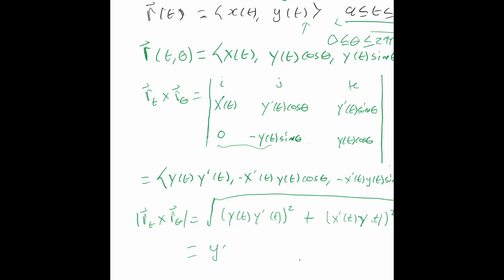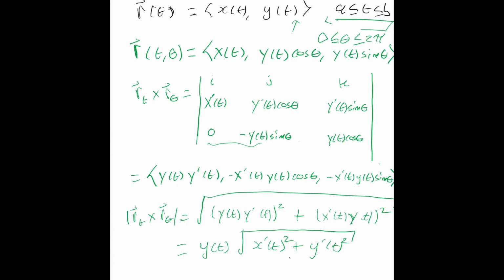What we're left with is y of t times the square root of x prime of t squared plus y prime of t squared. And I'll close the square root, and I forgot to write the squares. There it is. So the magnitude of R_t cross R_theta is equal to y of t times the square root of x prime squared plus y prime squared.